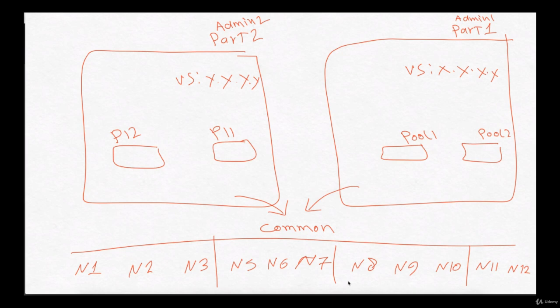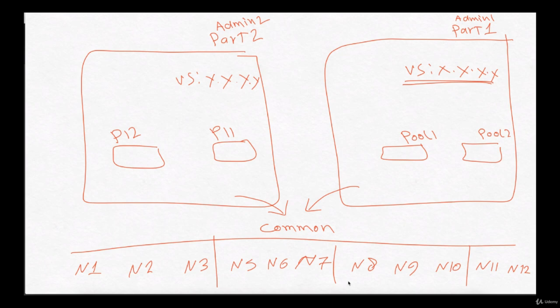And they can create their own pools, so they can use their own load balancing method. They can use their own health monitor, the way they want to check the servers. They can use their own properties on the virtual server with encryption, without encryption, etc., etc. So I give them flexibility to define the way they want to deliver the application to the end users, but at the same time, the common resources, the nodes created under the common.